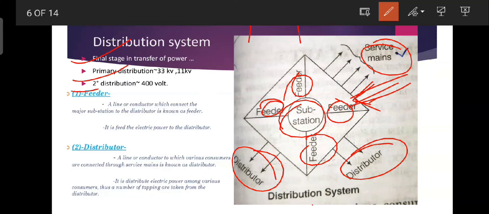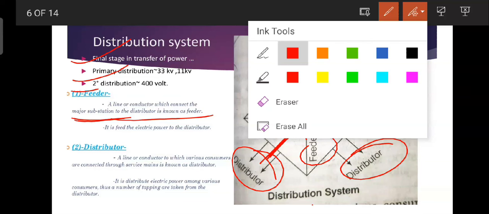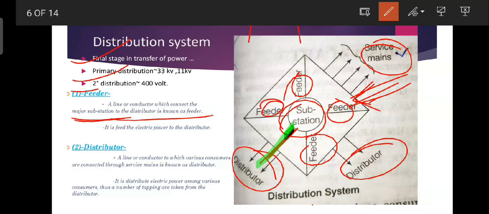Okay, and this feeder, what is the feeder? A line or conductor which connects the major substation to the distribution is known as the feeder. So a line connected between the substation and the distribution system is known as the feeder.